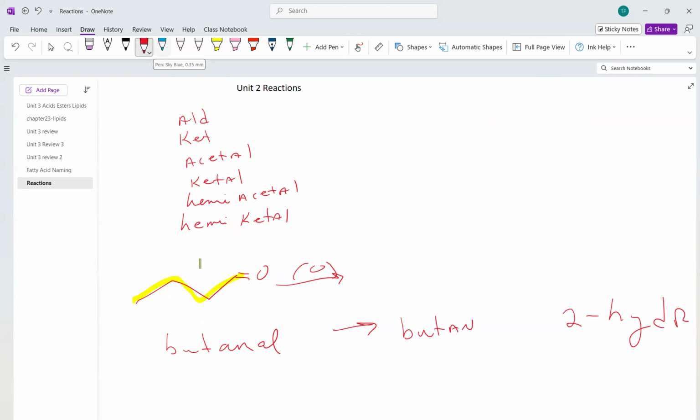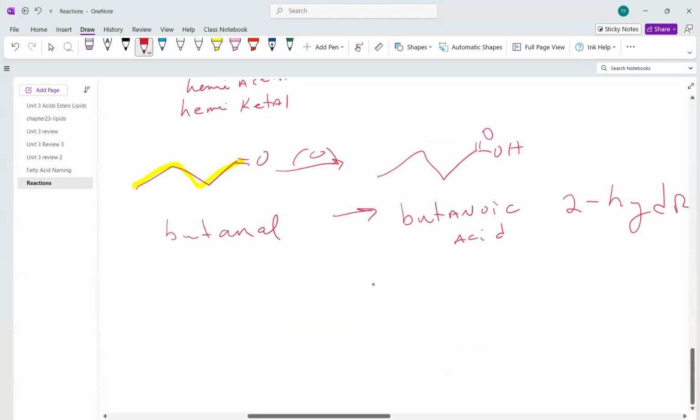There's only a primary backbone. We get the acid. So to get an aldehyde, we oxidize a primary alcohol. To get an acid, we oxidize an aldehyde.